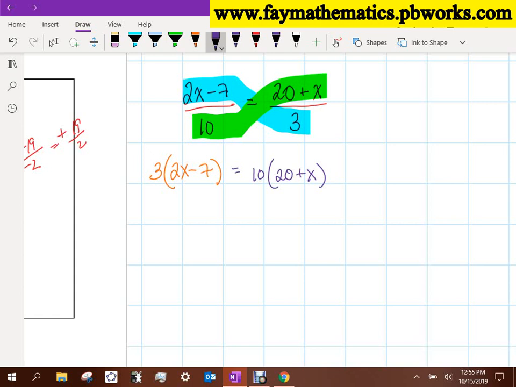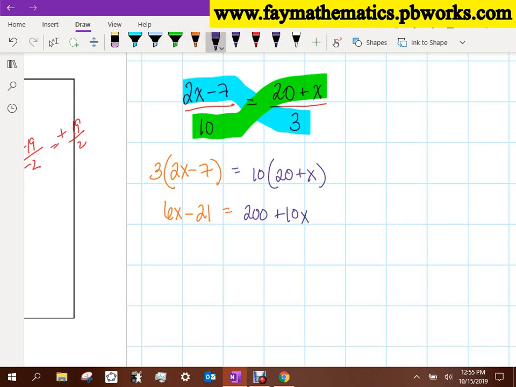So now what do I have to do here in the orange? Okay, so it gives me 6x minus 21 equals 200 plus 10x. Good. Okay. Now what do you want to do? Add 21.